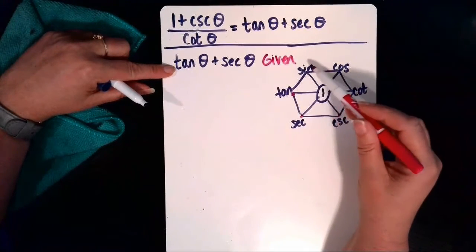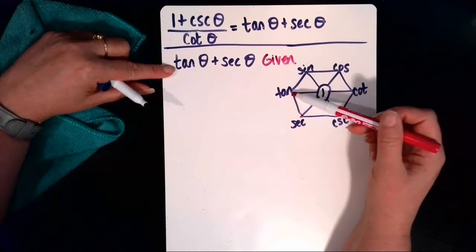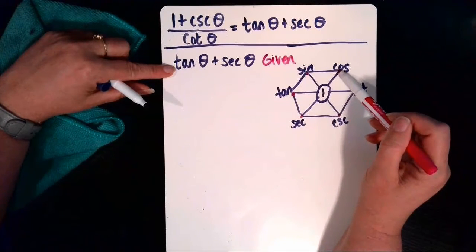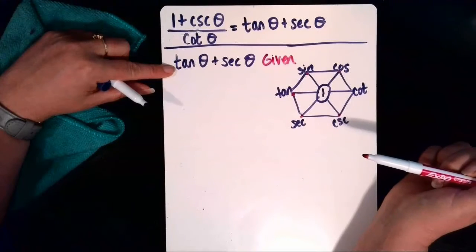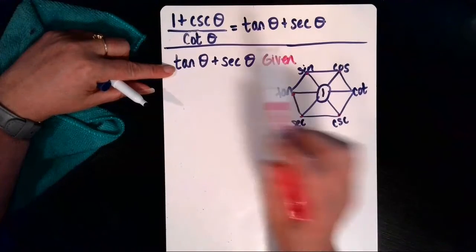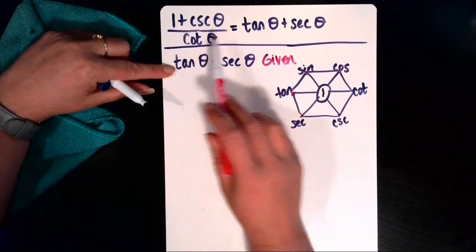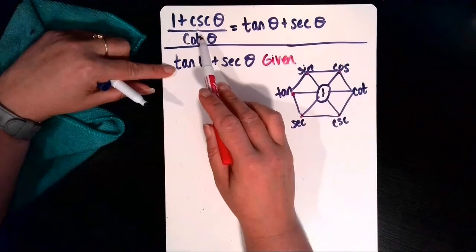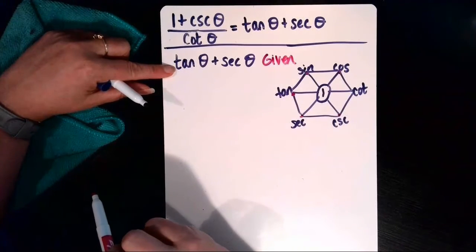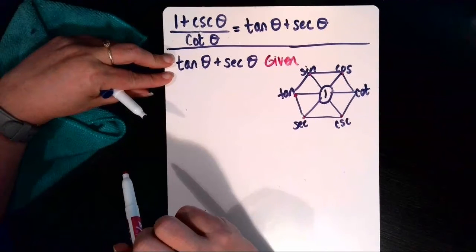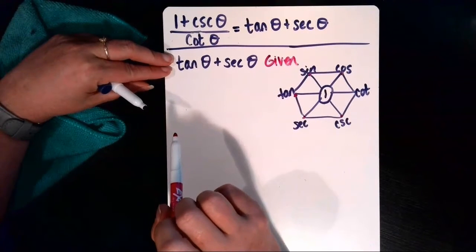So instead, let's try going clockwise around the hexagon. So tangent is the quotient of the sine divided by the cosine. And that also would not be super helpful, having a cosine denominator when I'm trying to get a cotangent denominator. So it looks like a quotient identity won't be super helpful.